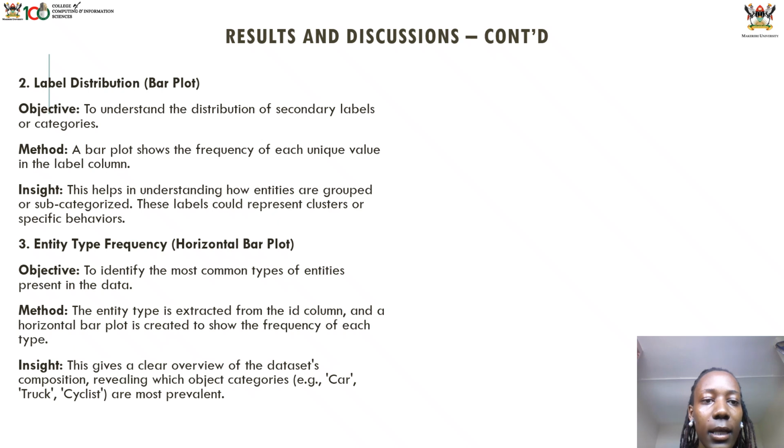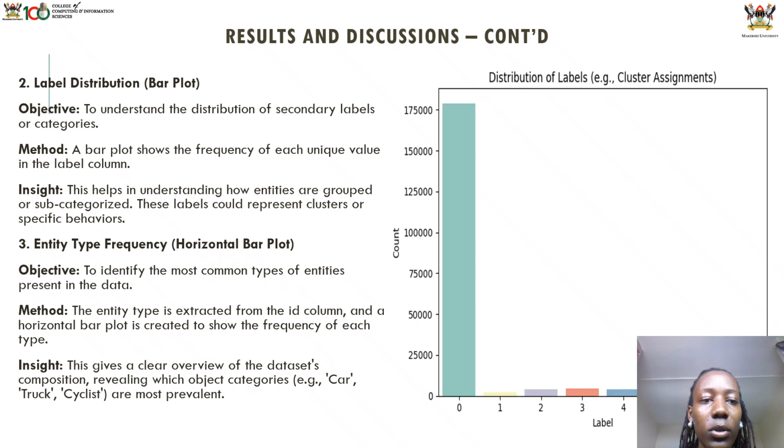So this slide basically talks about the label distribution, and our objective was to understand the distribution of the secondary labels and categories, and we used a bar graph, and we were able to understand how the different labels are distributed. We plotted a graph of label against count, and realized that label 0 had a higher count than other labels.